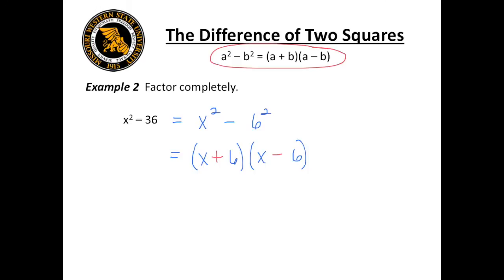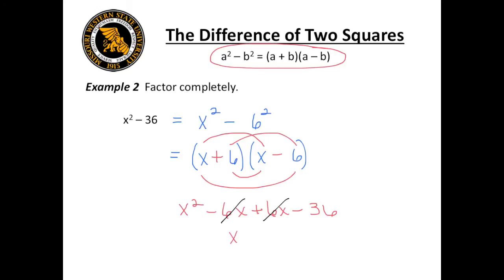Notice that if we multiply these two binomials together to check our answer, we get first, outer, inner, last, and the fact that the operations are opposite causes our middle terms to cancel off, resulting in the same binomial that we started with.